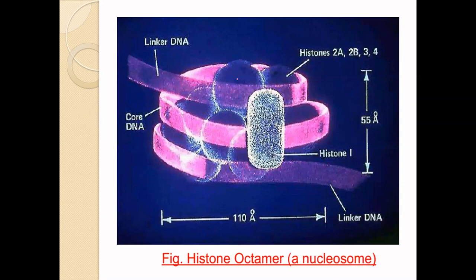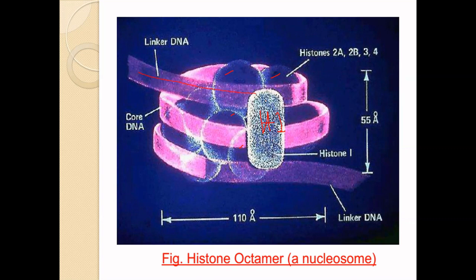So this is the bead on a string. These are the histone octamers. This is the histone H1 protein, which is a linker protein between two beads.